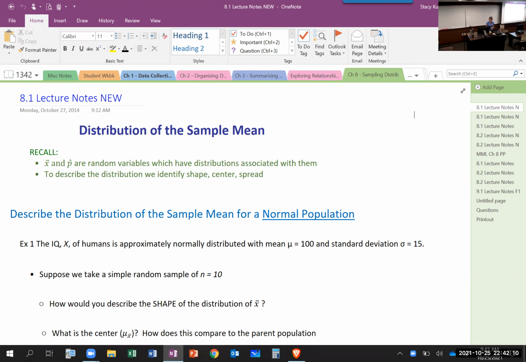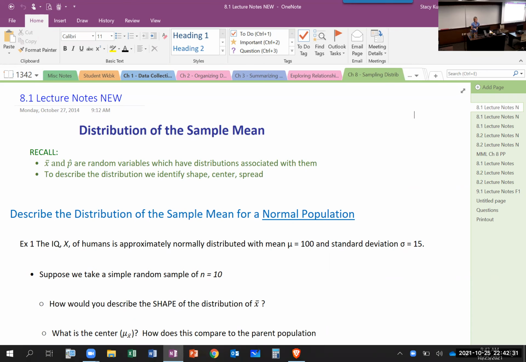And that's the idea behind our study in this chapter, where we're talking about how the distribution from a sample mean compares to the distribution of a population. All right, so that's what we're thinking of, sample means versus population means, or samples versus populations.